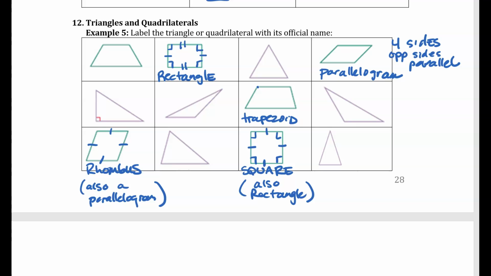So to mark that, we can use arrows, and what this shows is that these 2 sides are parallel. The opposite sides are not. If the opposite sides were parallel, then you would end up having a parallelogram and it wouldn't be a trapezoid. So exactly 1 pair of parallel sides that are opposite is the definition of a trapezoid.